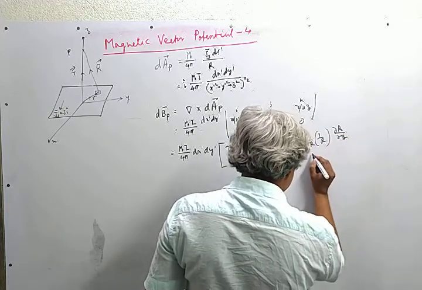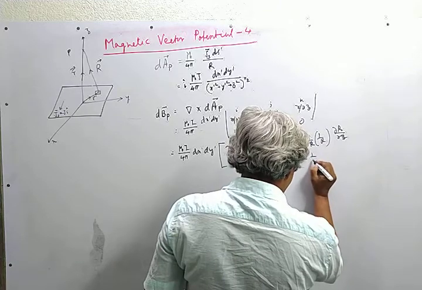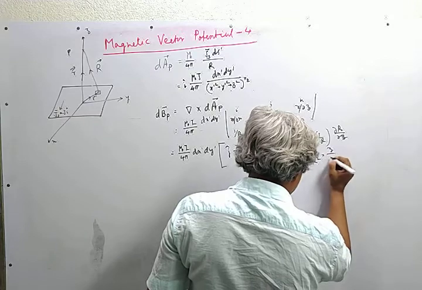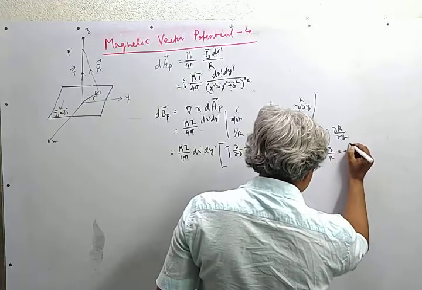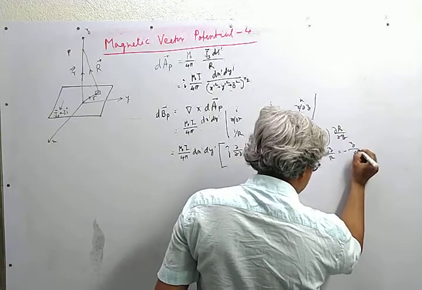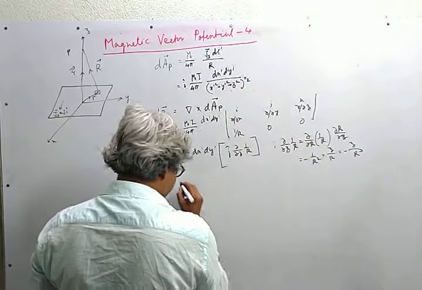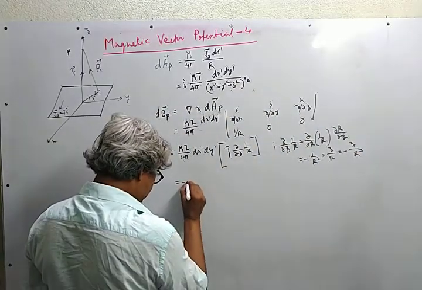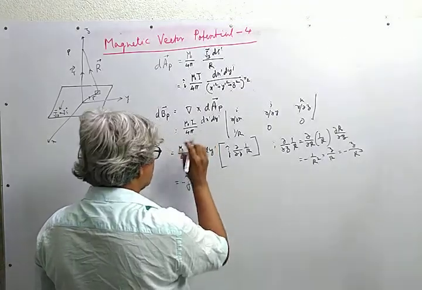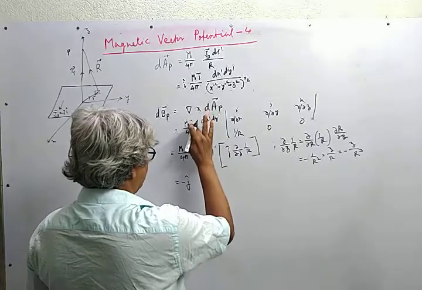This is minus 1 by r square, and this part is z by r, so all together it is minus z by r cube. This is not I, this is j.